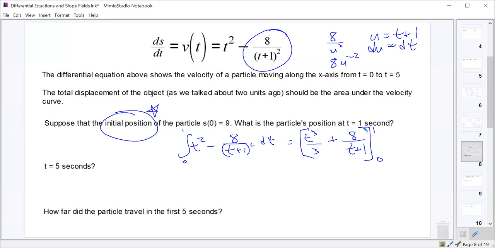one way we can do this is evaluate this definite integral from 0 to 1 and say, well, what does this give us? It gives us 1/3 plus 8/2 minus 0 plus 8. And what does that give us?